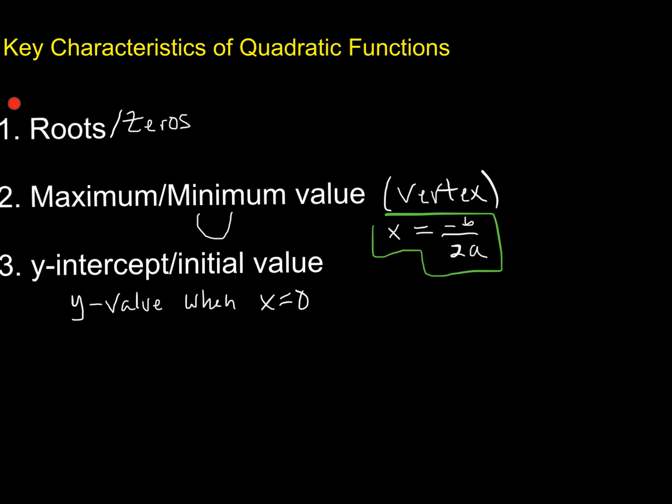And in fact, you actually only need the first two. So, to graph a quadratic function, find the roots, right? Find the roots, then you can plot them, and then find the vertex, plot the vertex, and then you know what a quadratic looks like.